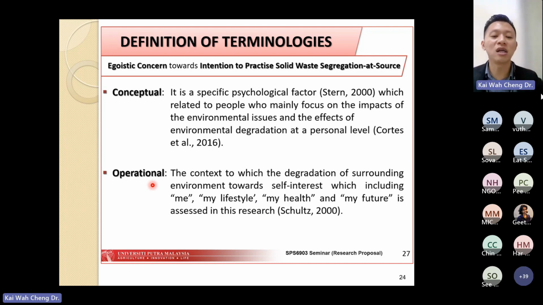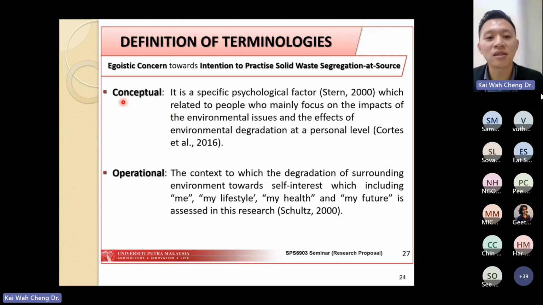Because as I mentioned just now, operational definition means the way we test the independent variable in the present research. However, a conceptual definition means the original meaning or the original definition of this variable in previous research articles.